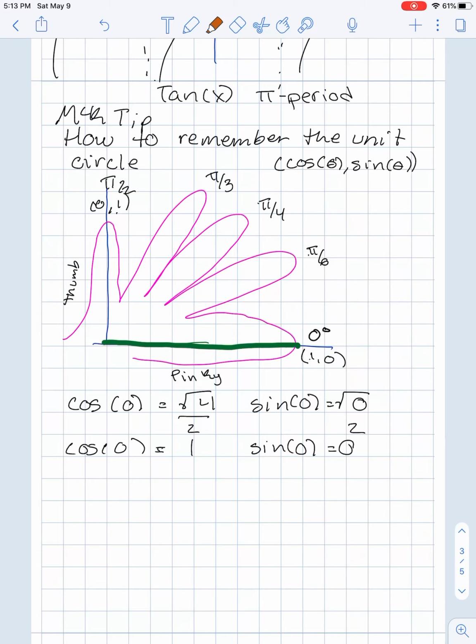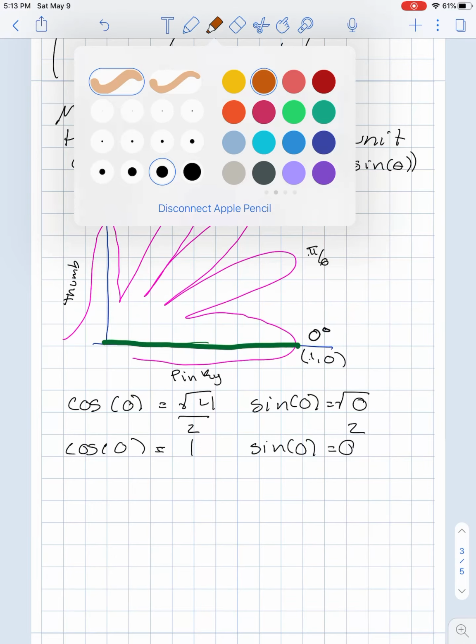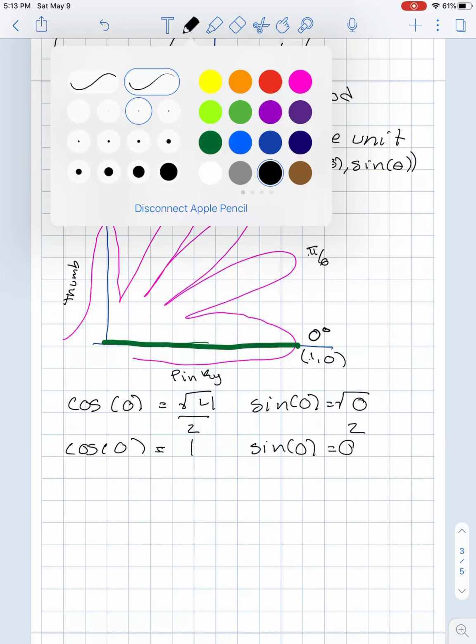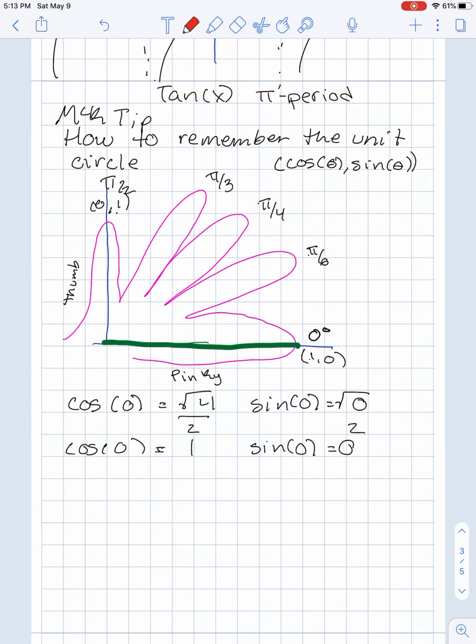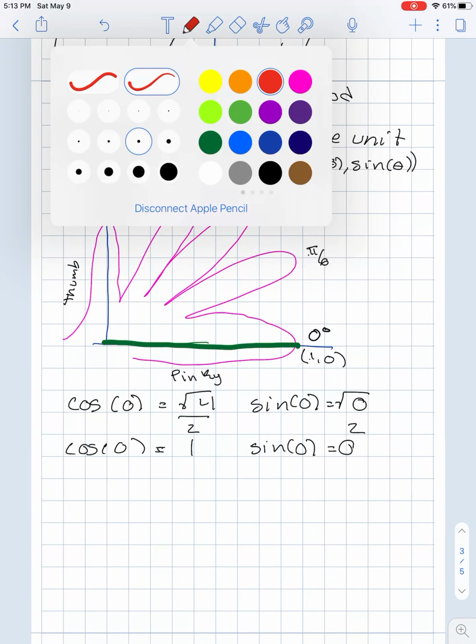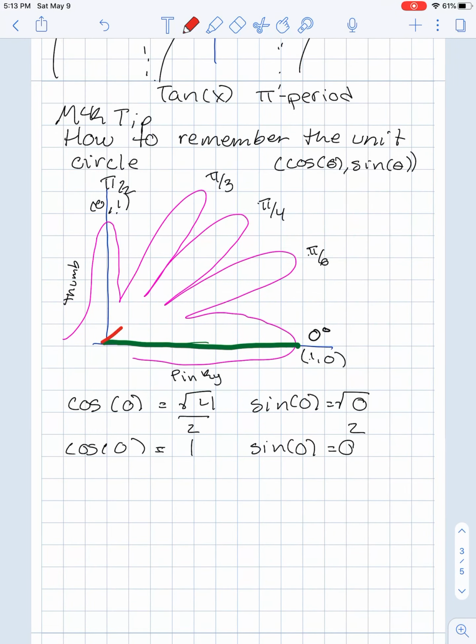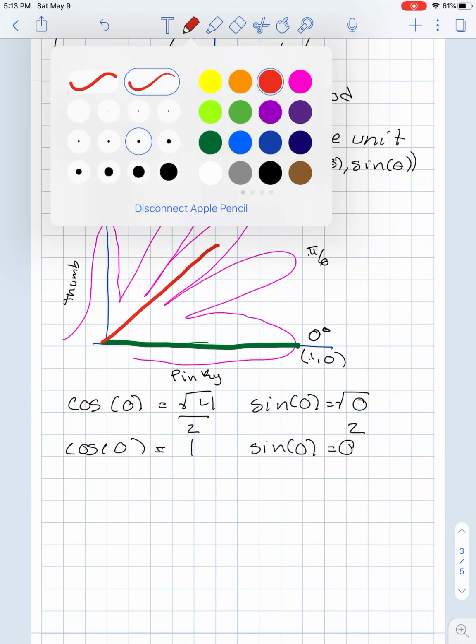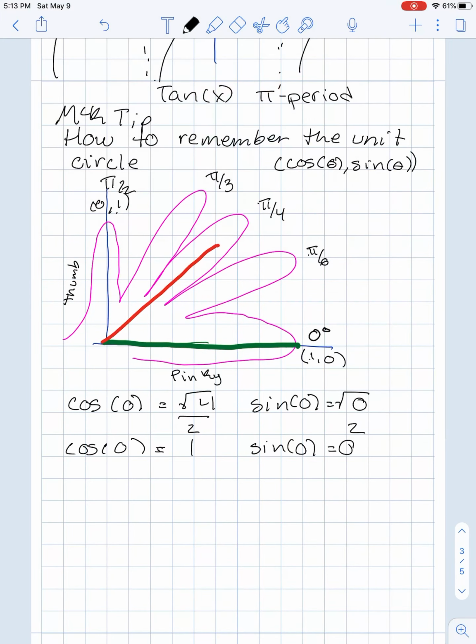So let's say I put my middle finger down, right? So now I'm at this angle right here. So I can do cosine of pi over 4. There are 1, 2 fingers above it, so that is square root of 2 divided by 2.